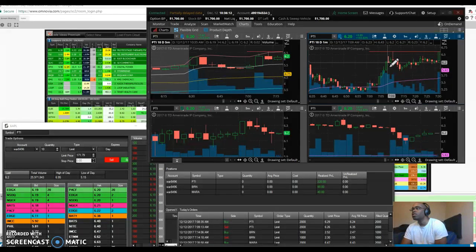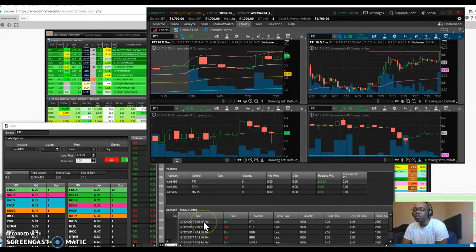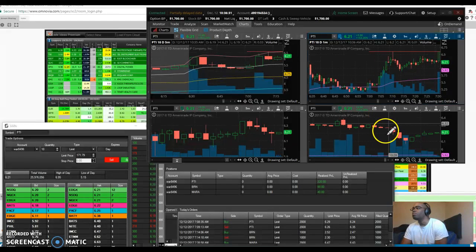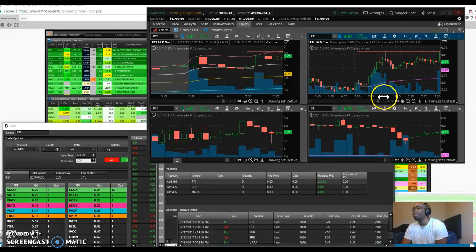So pretty much, I was in really quickly on this one. I saw it pulling back, and then literally the next couple seconds it spiked up and I sold. If we look here, 35 seconds. I'm not even in this trade for a minute, and I was in and out 9 cents. The price action is just so quick.